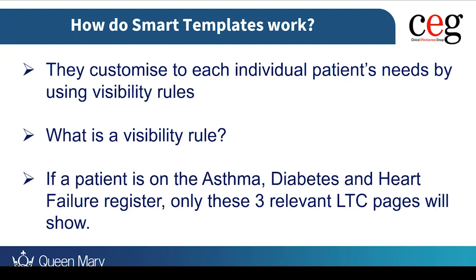A visibility rule is if a patient is on any of the QOF registers, say, for instance, asthma, diabetes, and the heart failure register, when you open the smart template on the patient, it will only open those 3 relevant LTC pages. You will see other pages, but it's just these 3 that will be the main LTCs. If they have multiple more, if they're on 5 or 6 different registers, then you will also see those registers come up as well.